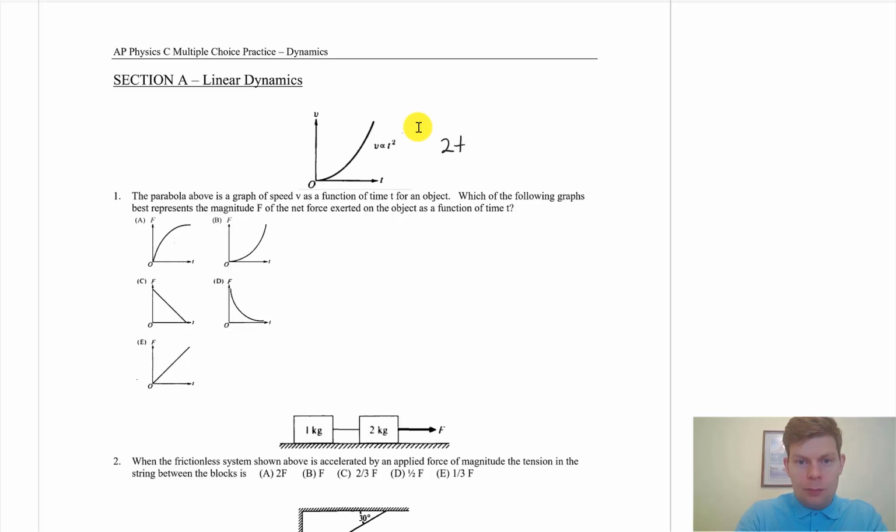Remember, the coefficient becomes what the coefficient was before, which would be secretly a 1, times the old exponent, and then decrease your exponent by 1. Anyway, so it'd be 2t. It would be a linear function, like a straight line. So basically, that's what we're looking for. Since our acceleration function, which is what we get when we take the derivative, is just multiplied by mass, and it's a straight line, the answer is E.